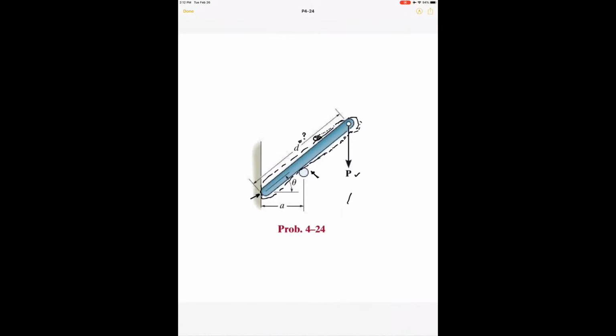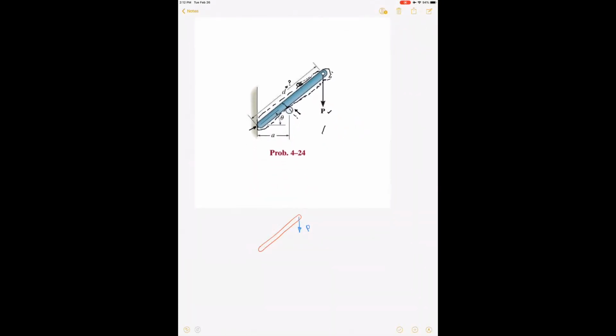The next thing I have is this contact point here. As you can see, there is no friction. The only force is normal to this direction, right? There is no tangential component of force because it's frictionless, and there is no movement. So the only thing I get is a force acting at this location, and its direction is normal to the system.